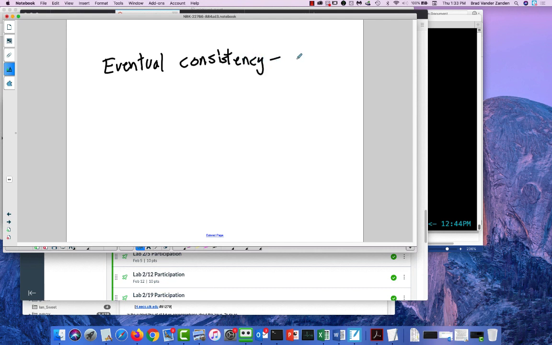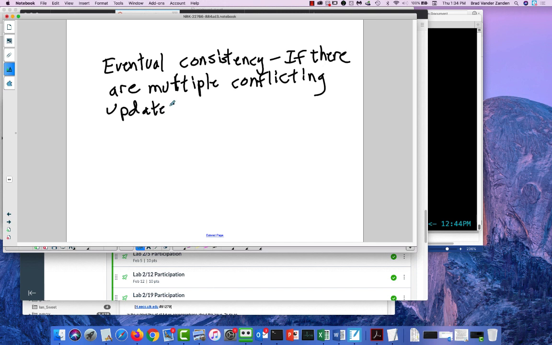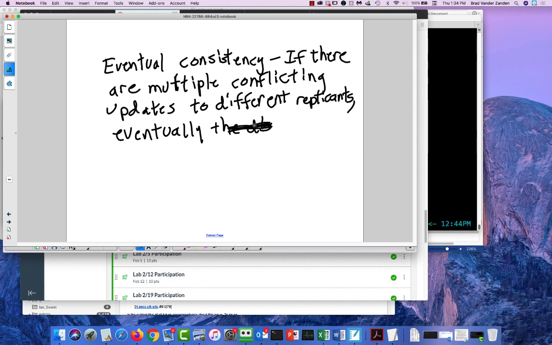It says if there are multiple conflicting updates to different replicas, eventually the DB will converge, all replicas will converge to the same value, to one of these values.